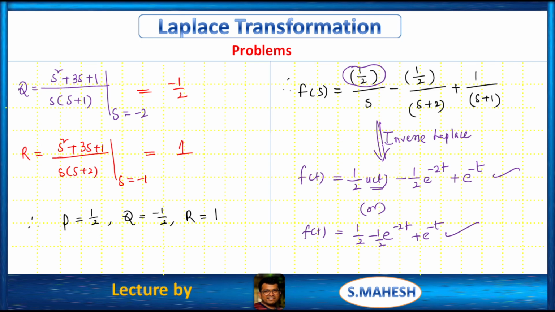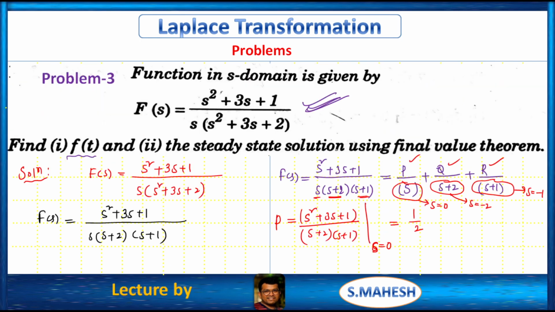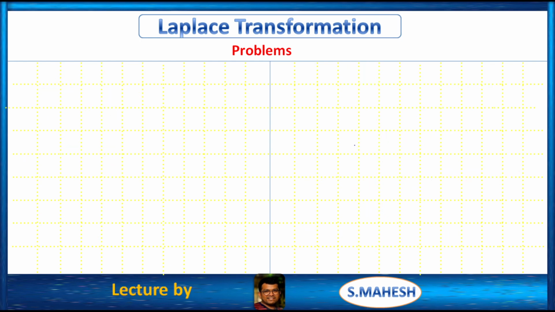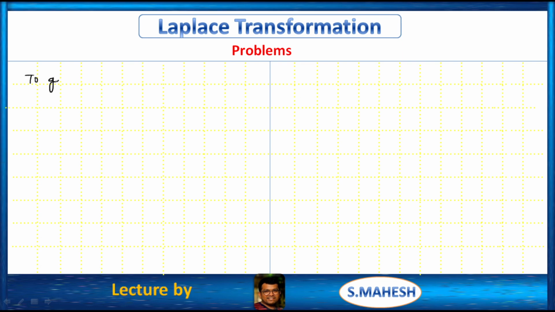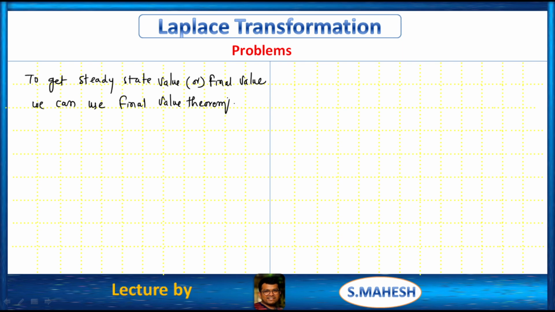Okay, so from this we can calculate the steady state solution. We all know that to get the steady state value or final value, we can use the final value theorem, right?